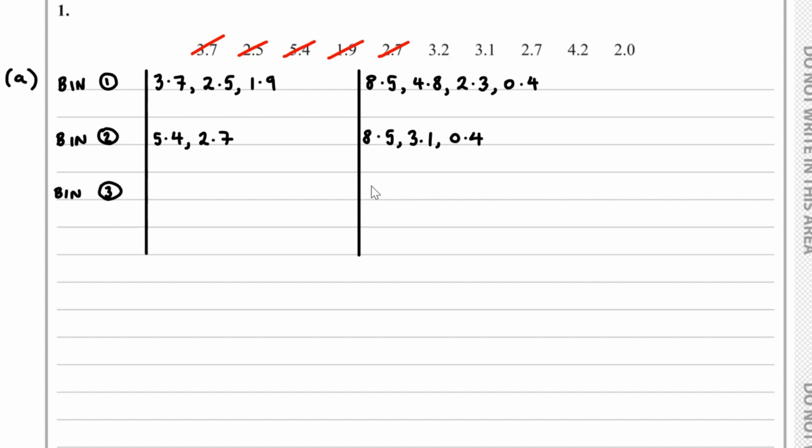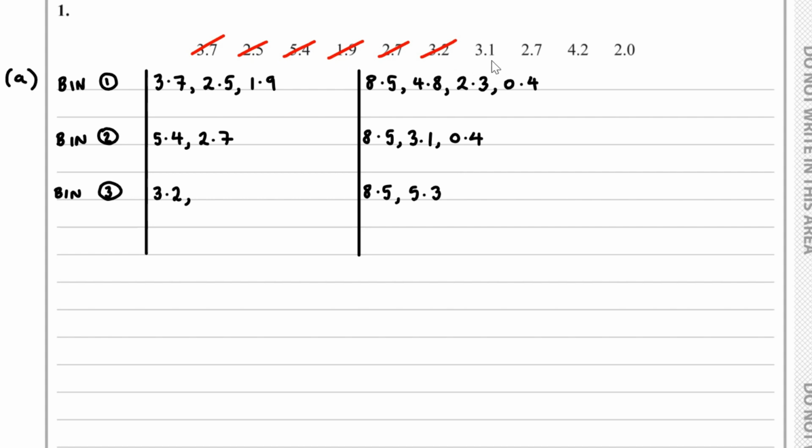Currently, bin number 3 has space 8.5. If we put 3.2 into bin number 3, the space remaining will be 8.5 take away 3.2, which is 5.3. Let's mark this off.